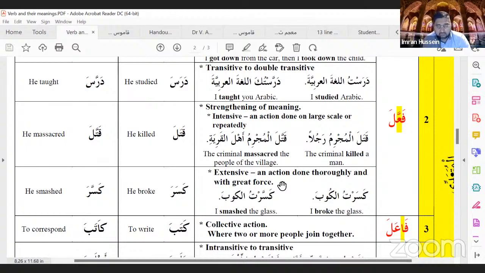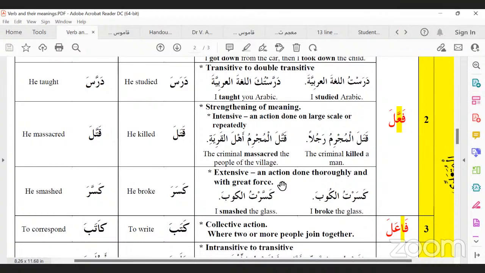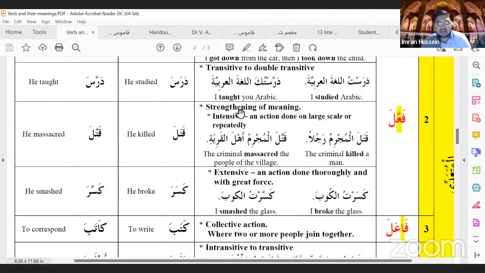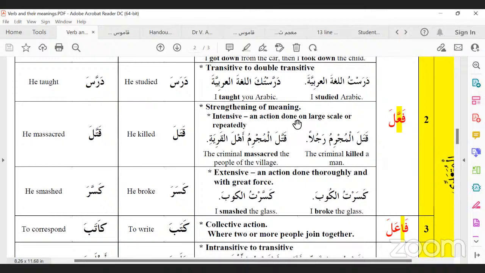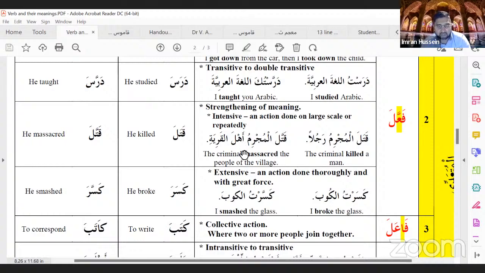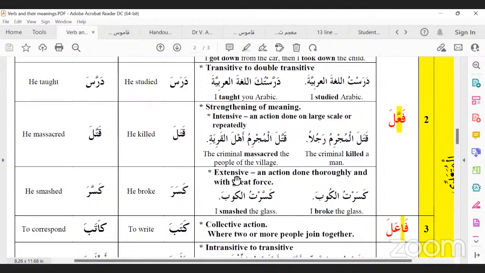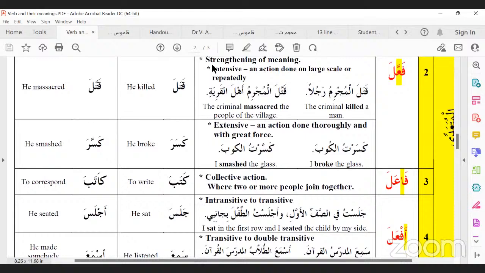And the second is the strengthening of meaning, intensive action. The action is done on a large scale, like it's a group on which he is working. Exactly. Is that clear? Yes, it is.